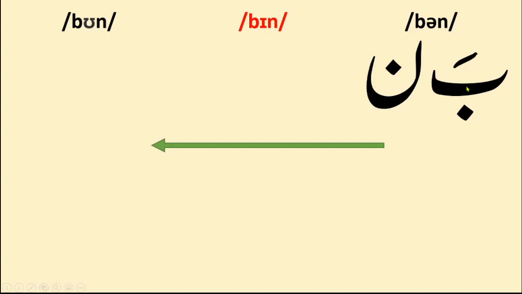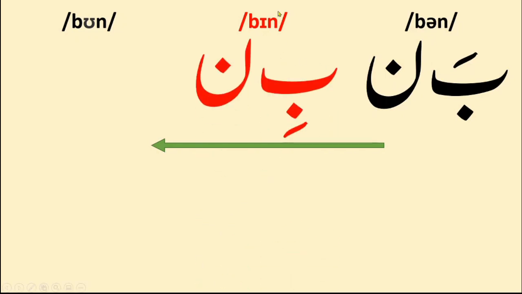Ban is an Urdu word which means become. Look at this now. B, I, n. Bin. The English word bin is used in Urdu as well as bin, and bin also means without in Urdu. Bin tere means without you. Okay, so that's how we write bin.